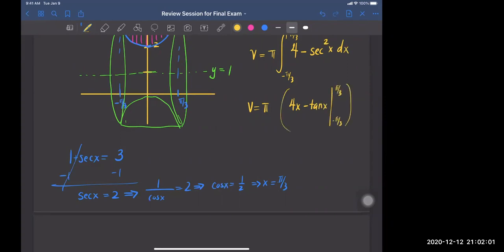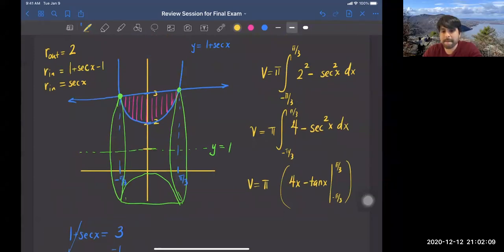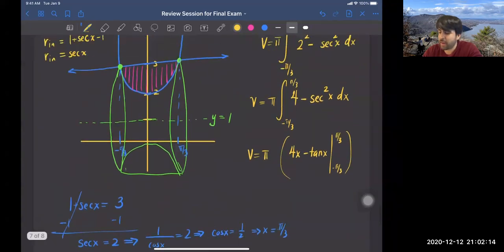Wait, Professor, I got a question. Could this be considered an even function? Correct. Oh, okay. Yeah, this is an even function. So actually, wouldn't we prefer not to do all of this and rewrite this as 2 pi from 0 to pi over 3 of 4 minus secant squared x?